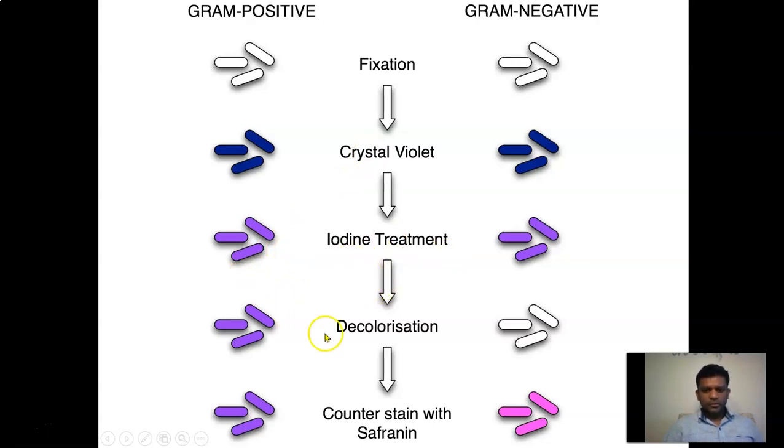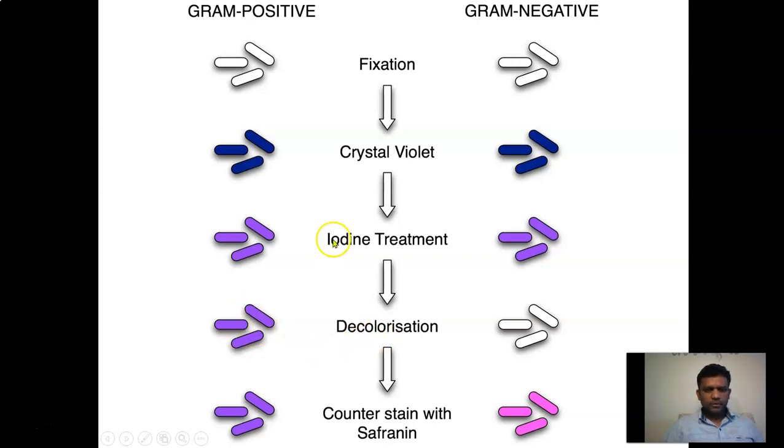After iodine treatment, you do a step called decolorization, in which you use ethanol or alcohol. In gram-positive cells, when you use alcohol, it does not decolorize them because it does not remove the blue stain because of the thick cell wall.